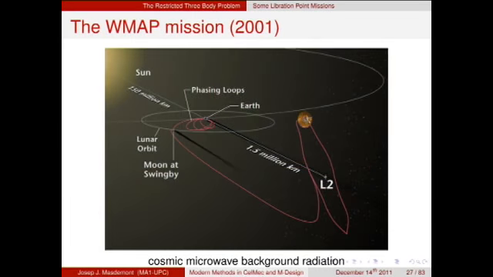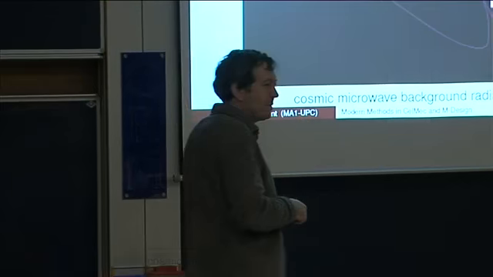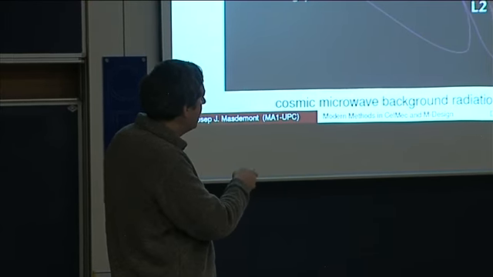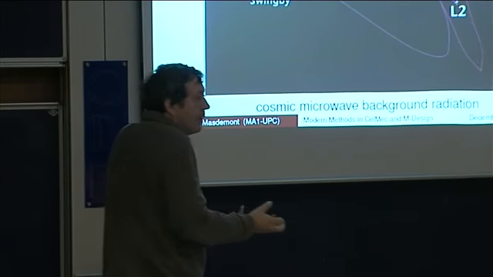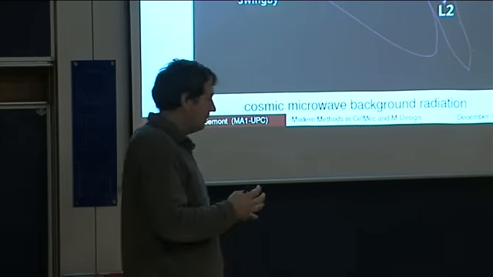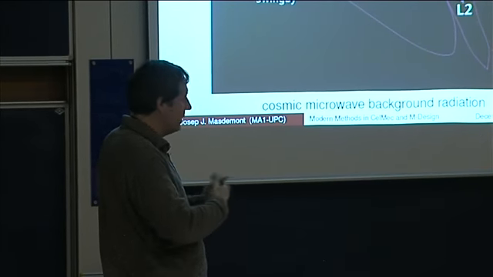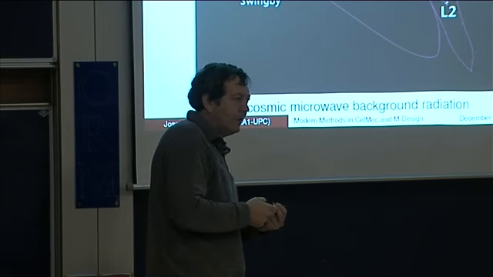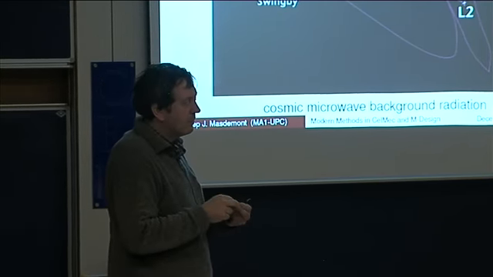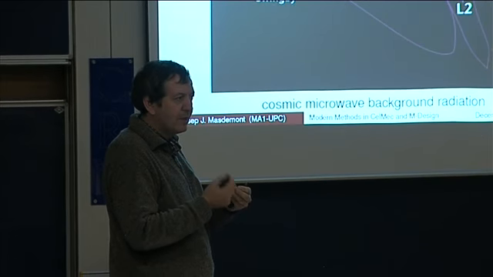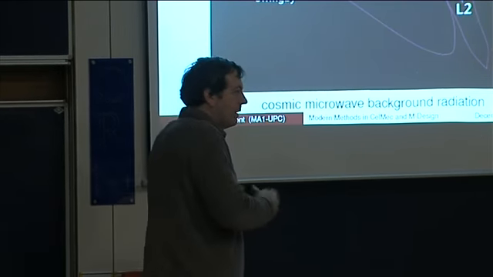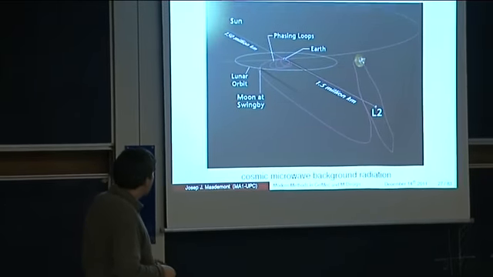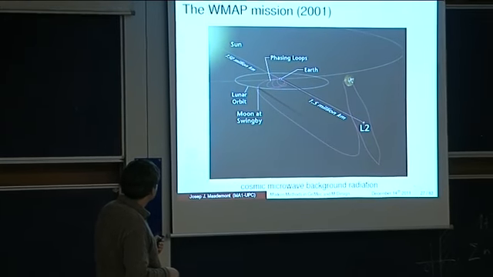I'm not an expert in cosmology, so maybe at least Emily knows much more about this, but from L2, the space, say the astronomical site in our universe, the spacecraft took the picture of the background cosmic radiation, that is something related to the first times, the initial time of the universe in some way. So the anisotropy of this picture gives information to the physicists in order to understand these kinds of things. Okay.